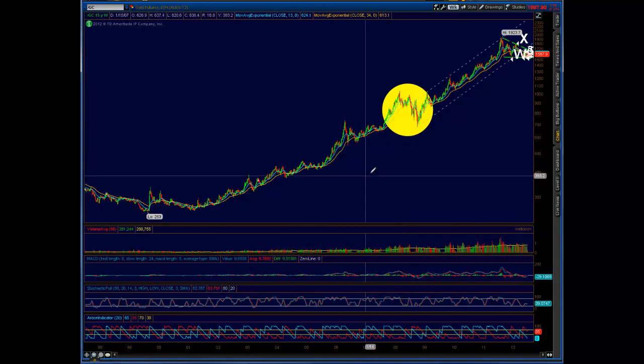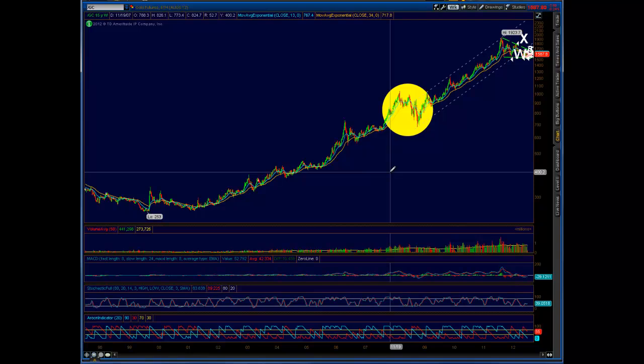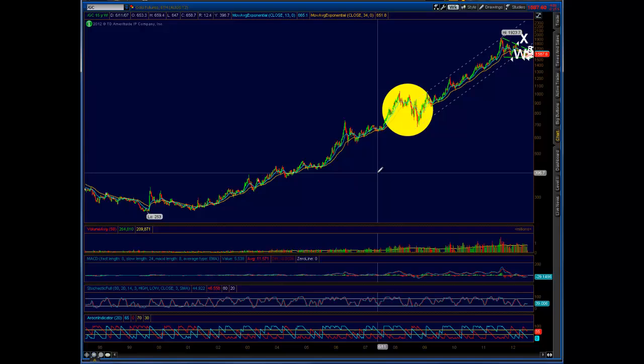So we were able to say that this is just a pullback because people are just taking some money off the table, or whatnot.